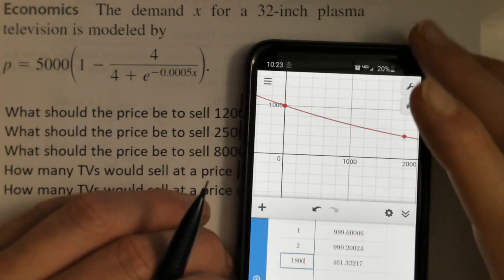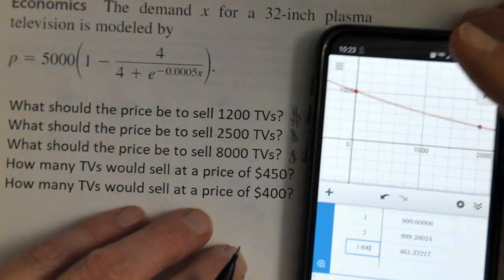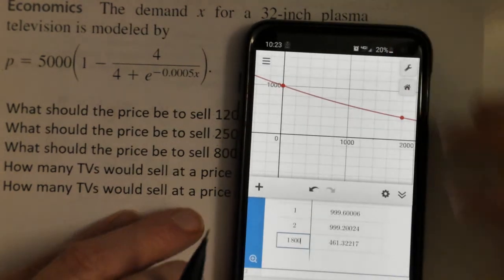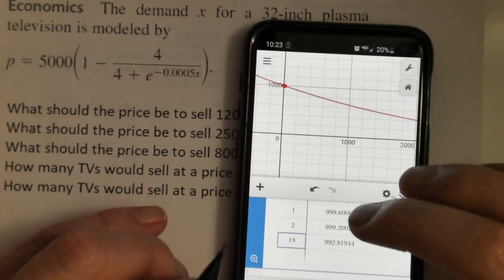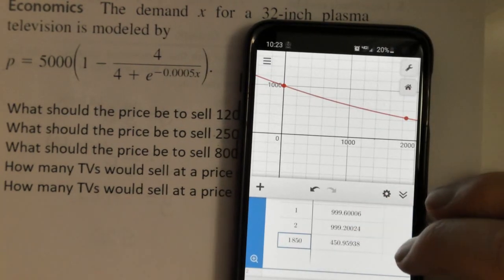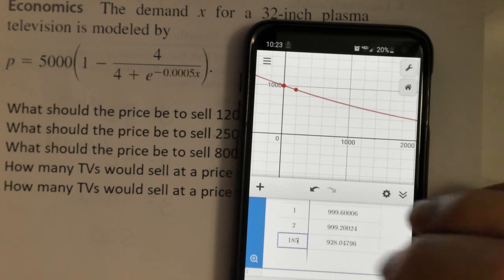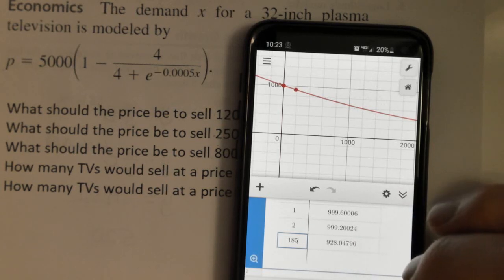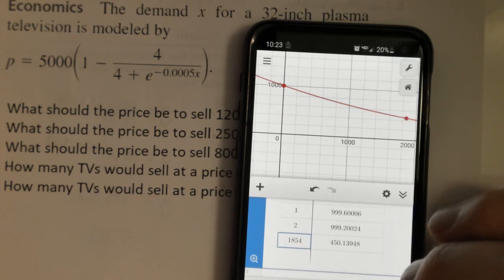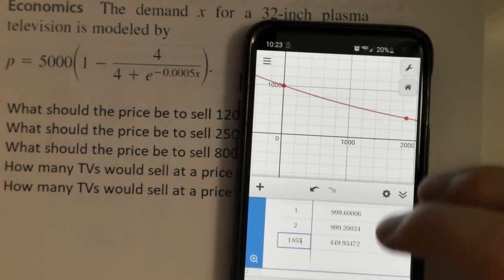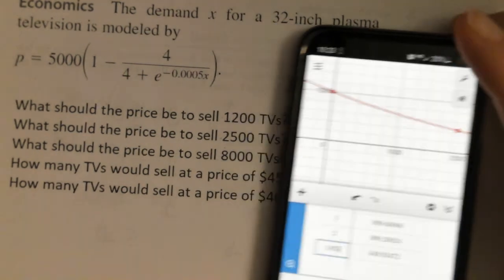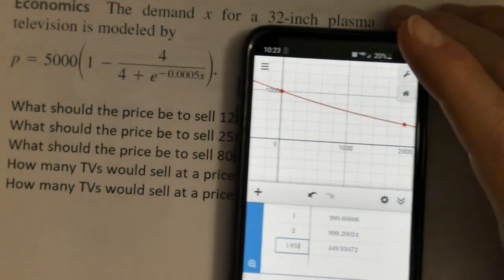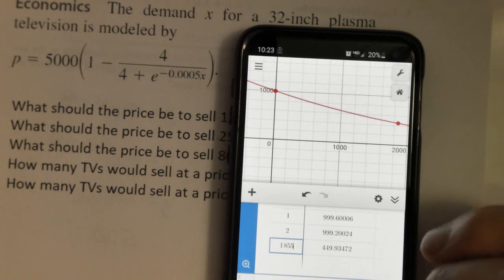There, getting closer, but I'm not quite there. Maybe 1,850. Now we're getting close. 51, 52, 53, 54, 55. I'm trying to hone in on 450. At 855, that dropped me below.